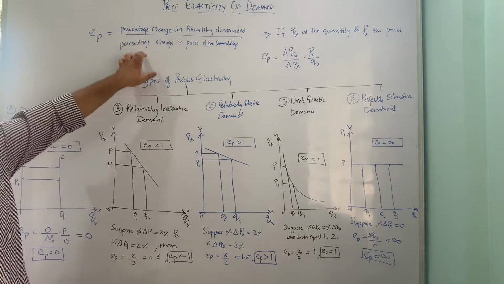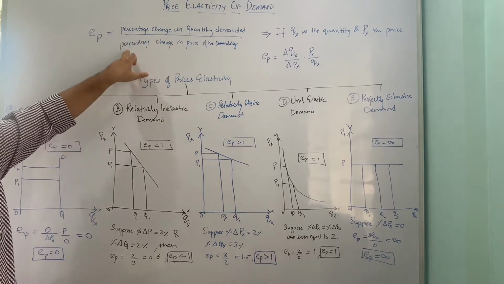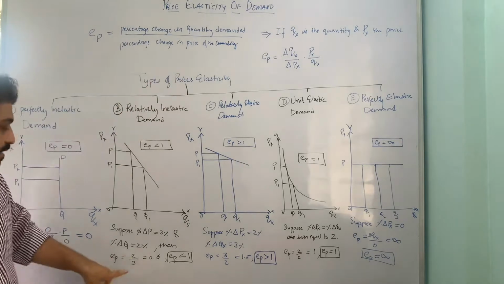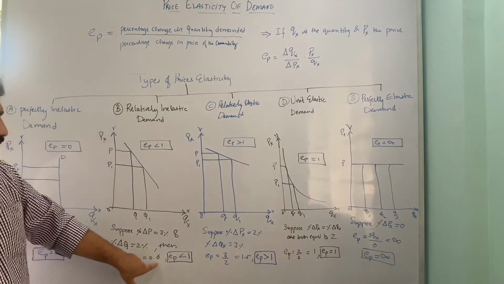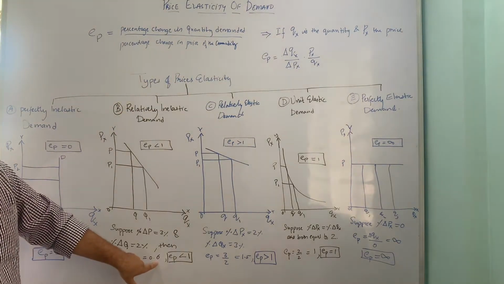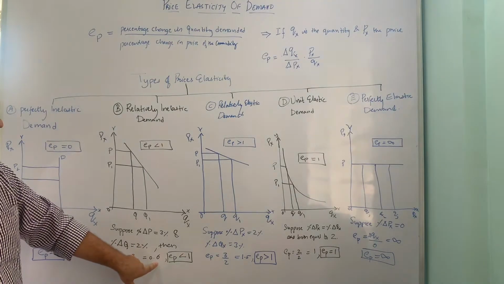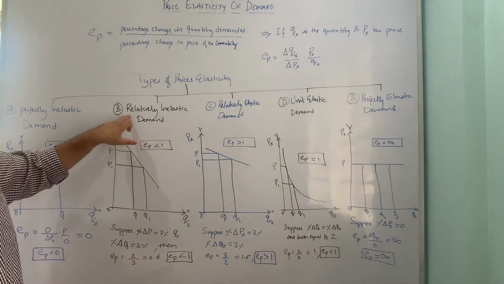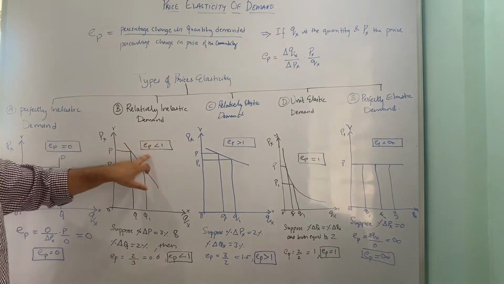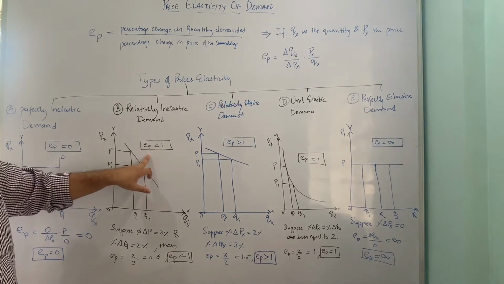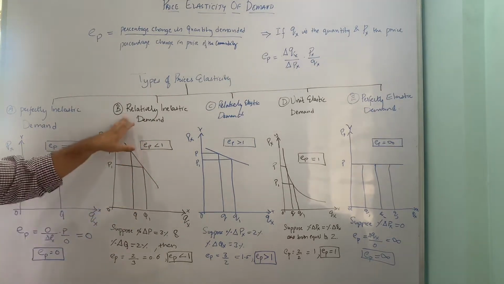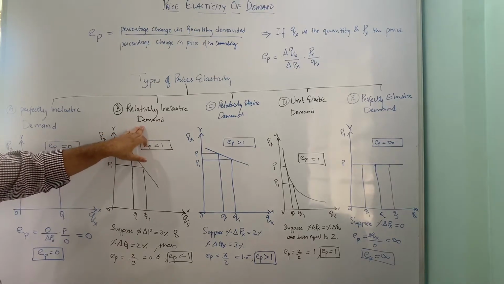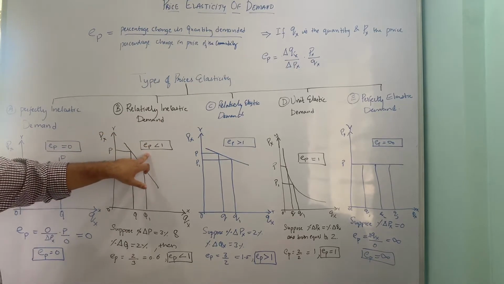Then employing the usual formula, percentage change in quantity demanded divided by percentage change in price, we have 2 divided by 3, which is approximately 0.6, obviously less than 1. Therefore, whenever there is relatively inelastic demand, the price elasticity is always less than 1. I hope the idea is pretty much clear.